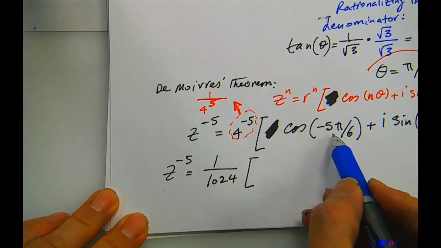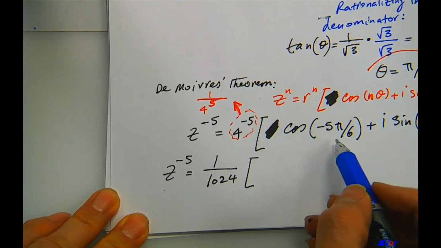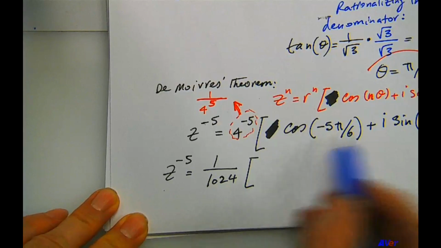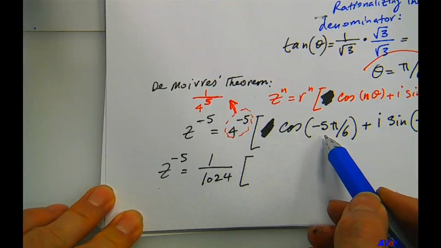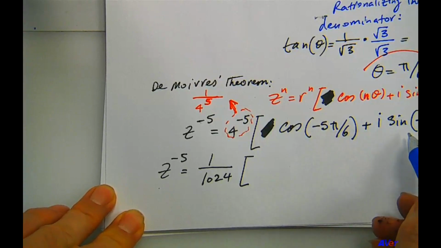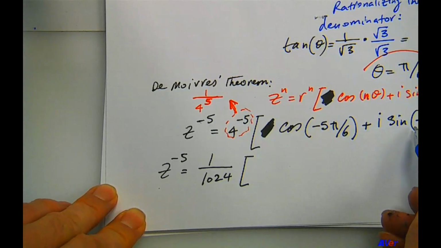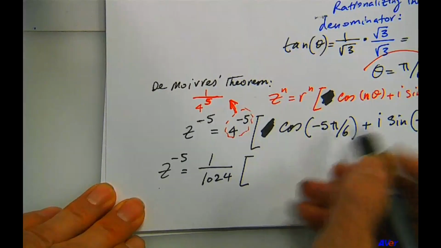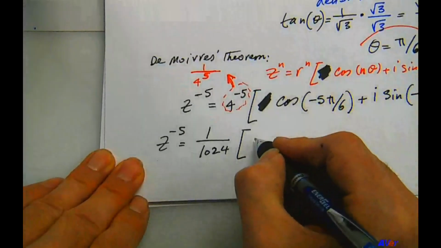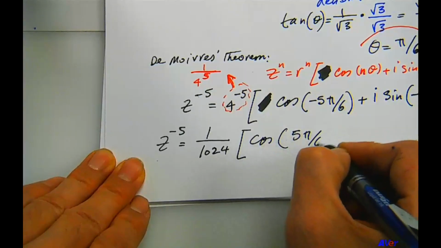That angle going in, well, first of all, let's make use of the fact that cosine is an even function and sine is an odd function. So cosine of minus 5 pi over 6, because cosine is an even function, is equal to cosine of 5 pi over 6.